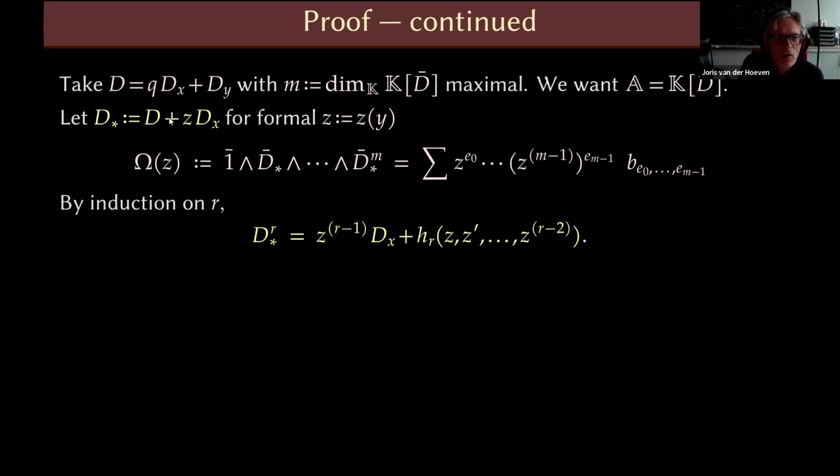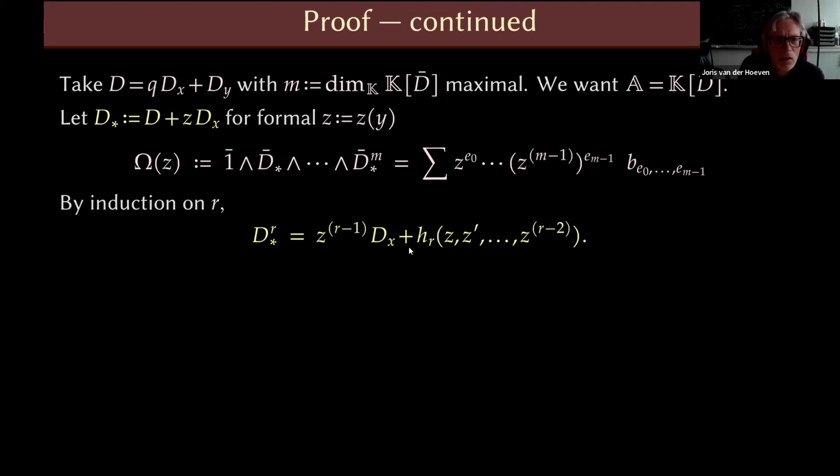If we just multiply d star by itself and then expand it out, we see that there will be a z in front of the dx, and then some more stuff.